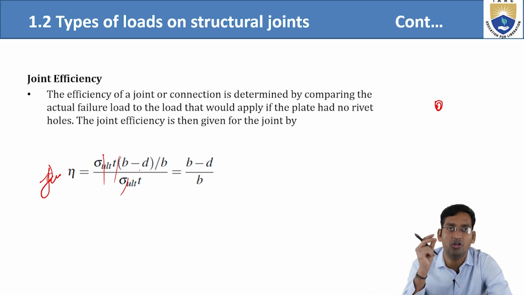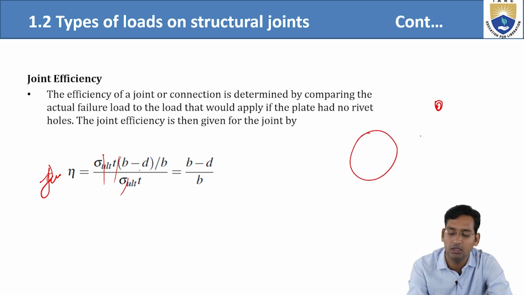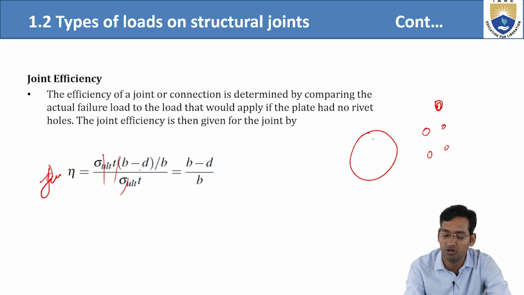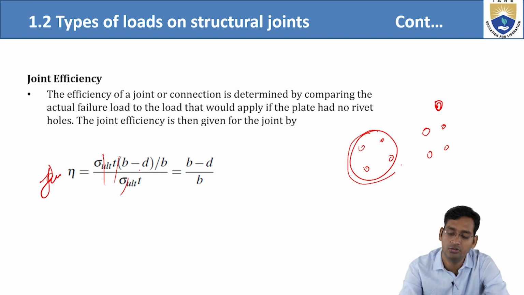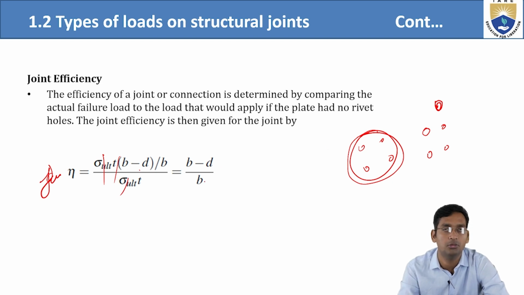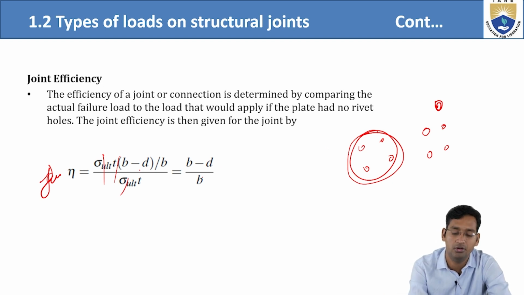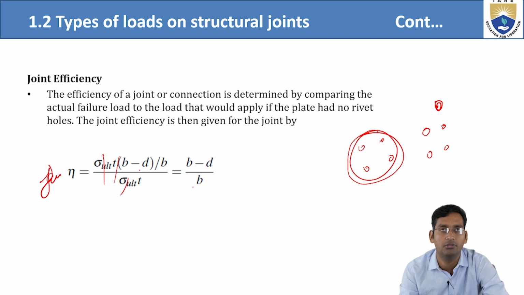That's why you can see the rivets are all of a small size, not very big. Instead of putting a bigger rivet size, they put a small size, in that many numbers. For covering the same area, just put a small size, so the efficiency will be more compared to the bigger one. How to calculate that? B minus D by B, where B is the distance between two rivets, D is the diameter, divided by B.